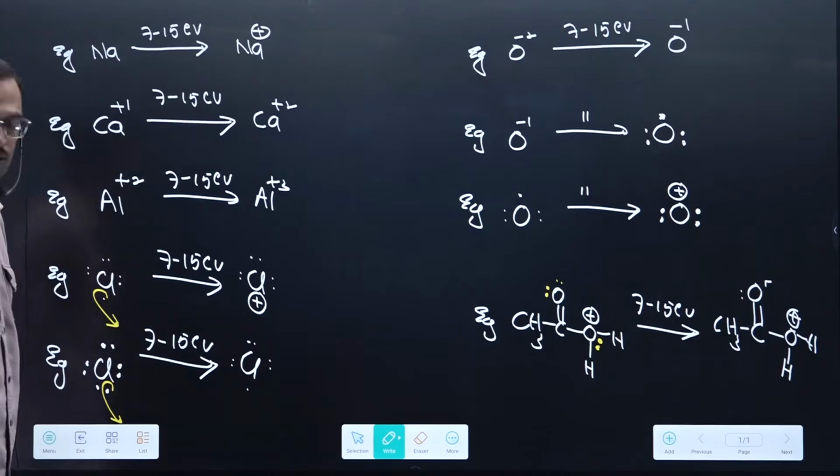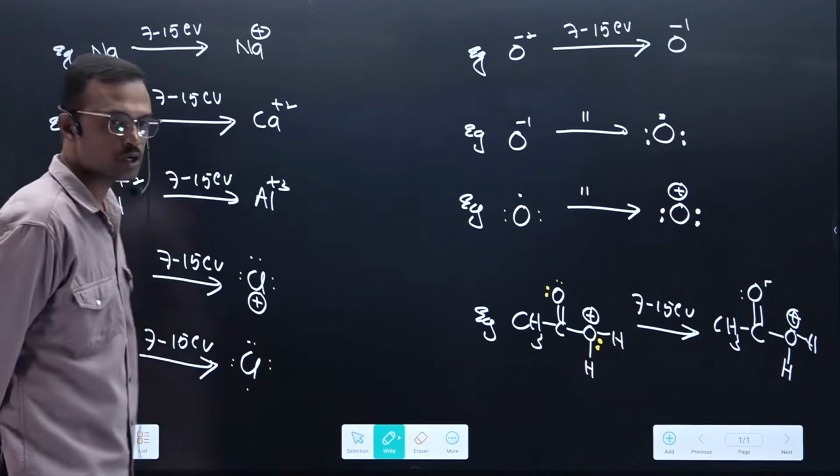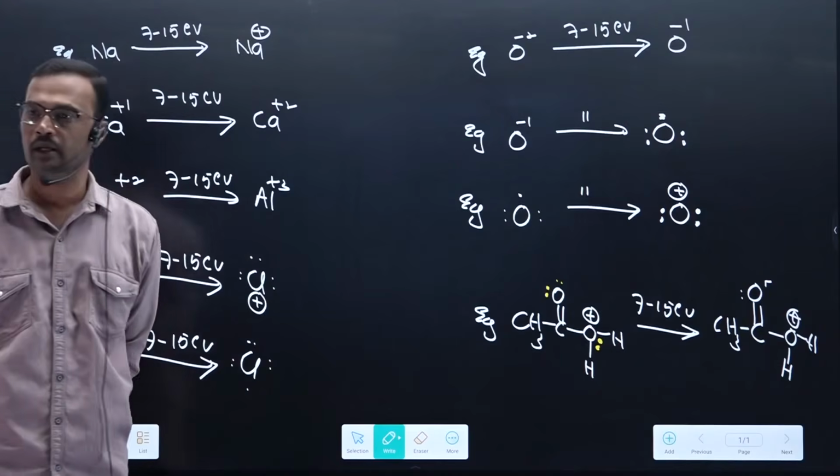Clear? So that is about generation of molecular ions in total, for organic and inorganic molecules.